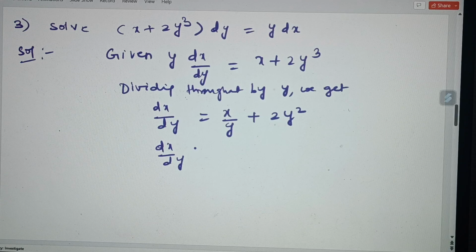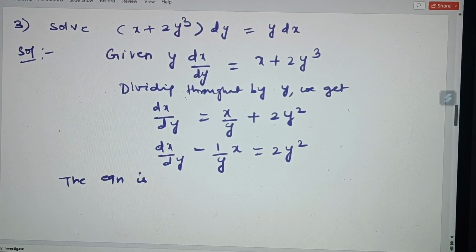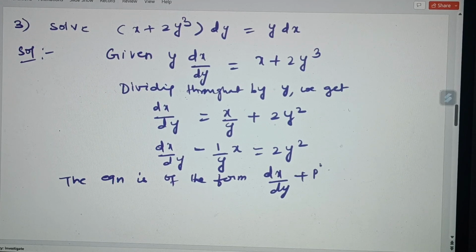Then it will become minus x/y, which can be written as minus 1/y into x, is equal to 2y². Now, how is the equation looking, students? The equation is of the form dx/dy plus P'x is equal to Q'.